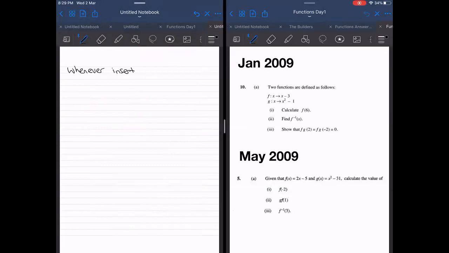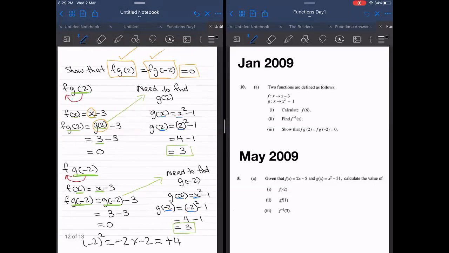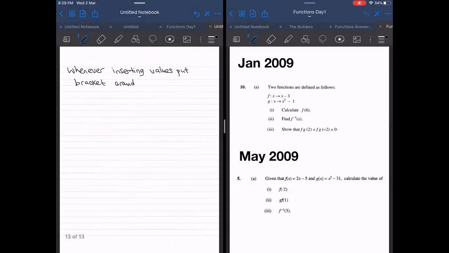So for example, where I had x squared minus 1, if I say let x be 2, I'm saying put a bracket around it so that you can see clearly, because when you do the negatives is when it will really mess up. So what you want to note is that 2 squared means 2 times 2, which is 4. So the positive, not so bad, doesn't cause a problem.